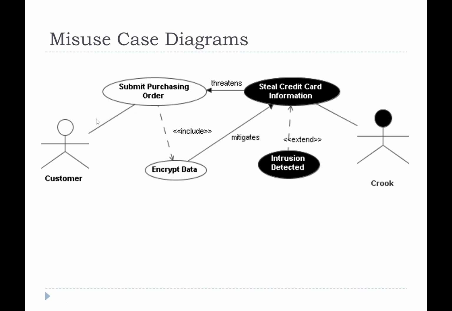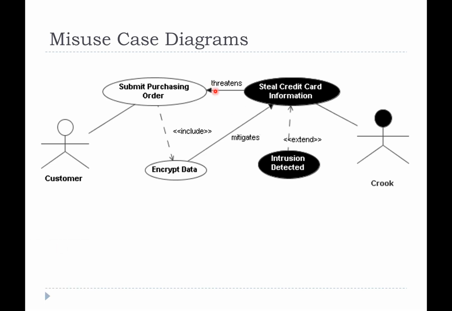All right. And the left-hand side is what we're familiar with. We have a customer, they're submitting a purchase. Okay. But as they're buying something, a crook might want to steal their credit card information. And so that threatens that use case. Now, this misuse case over here, let me put the laser pointer here for a second.